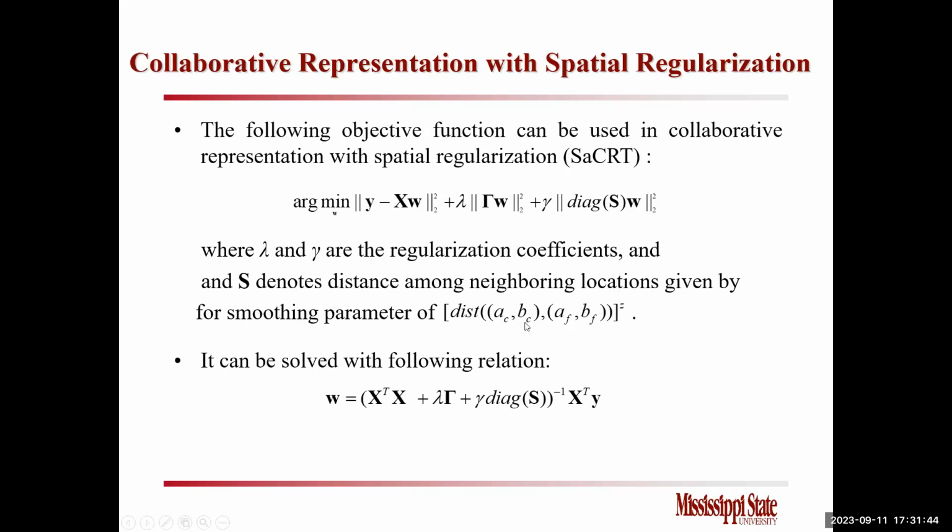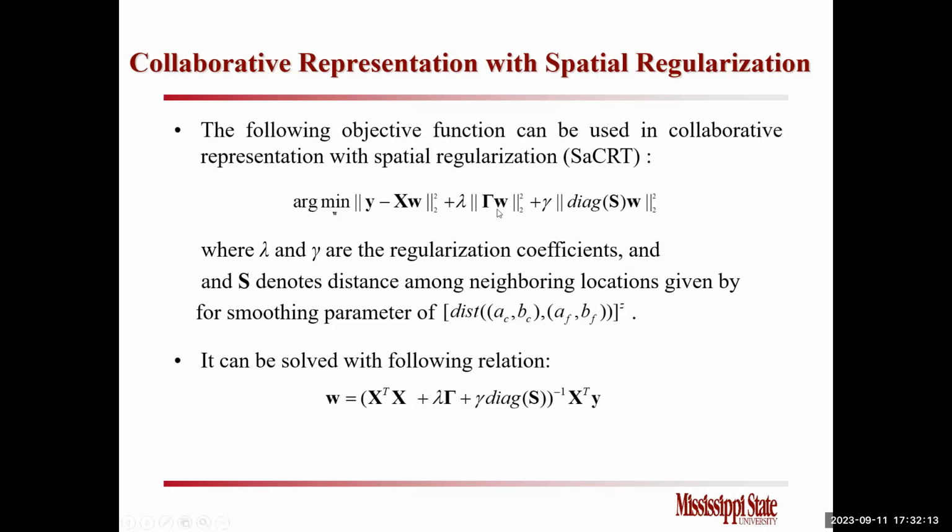We assume this is the spatial location of the testing sample, and this is the spatial location of the training sample. Then we calculate the spatial coordinate distance between the testing sample and each of the training samples. So we get another set of Euclidean distances.